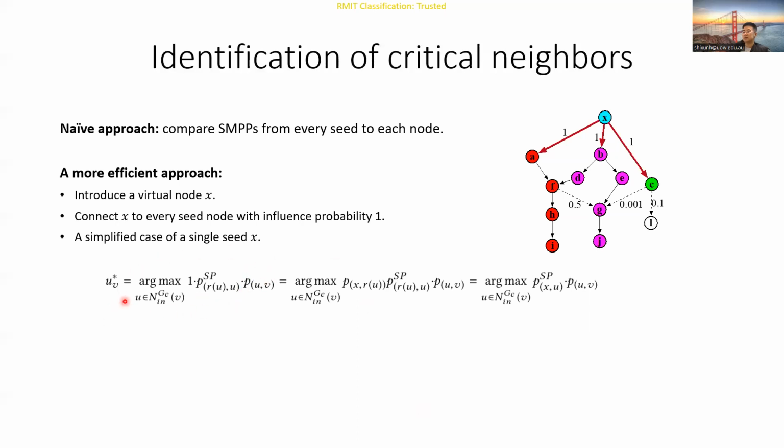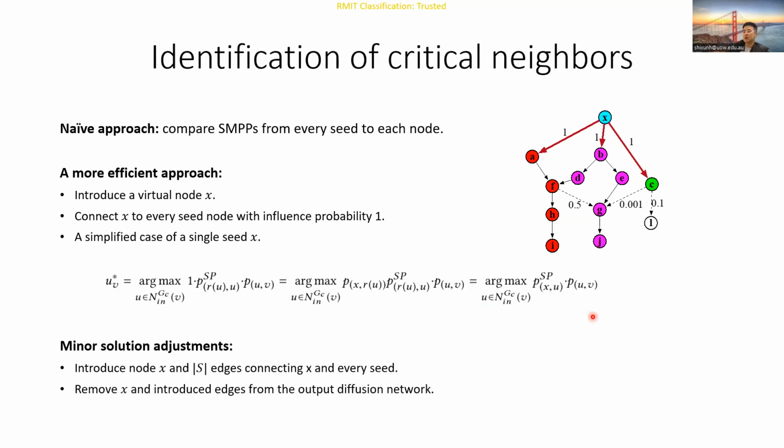This is the definition of critical neighbors for multiple seeds, which is equivalent to the definition of critical neighbors in the case with X as the single seed. We just need to do some minor adjustment by introducing node X and the edges connecting X and every seed. After we produce the solution, we just need to remove X and the introduced edges.